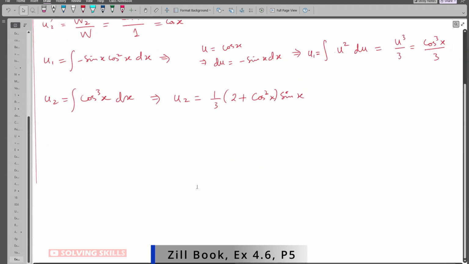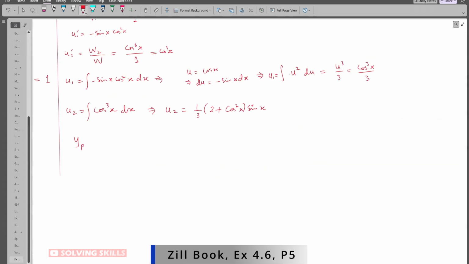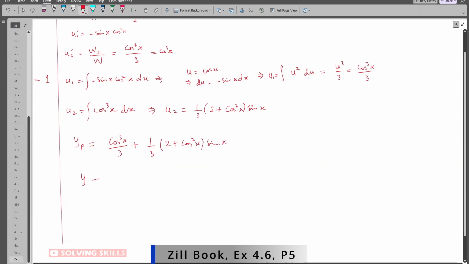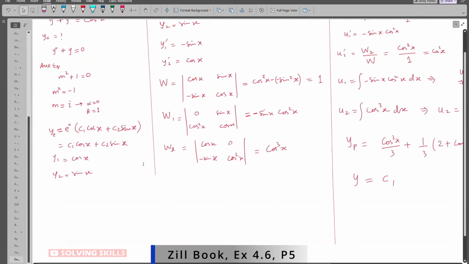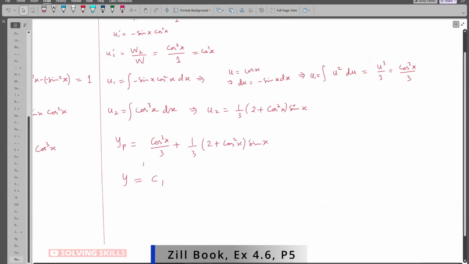So now the particular solution becomes u1, which is cos cube x divided by 3, plus u2, which is 1 over 3, 2 plus cos square x, sine of x. And the general solution for this method would be C1, y1 was cos x and y2 was sin x.